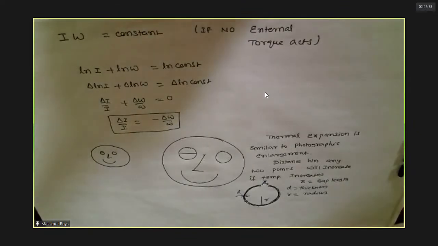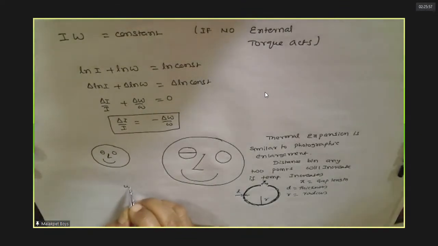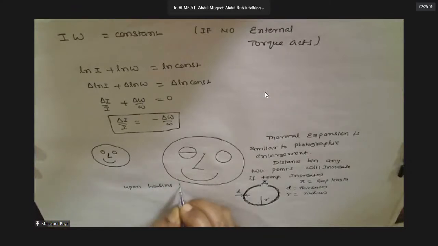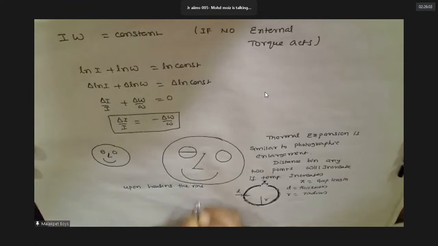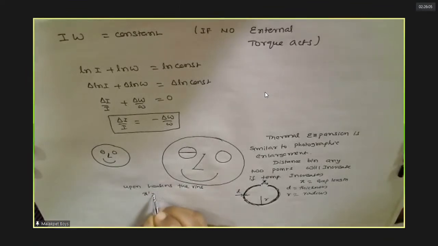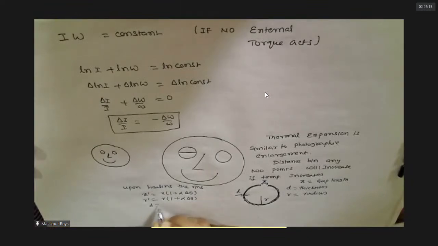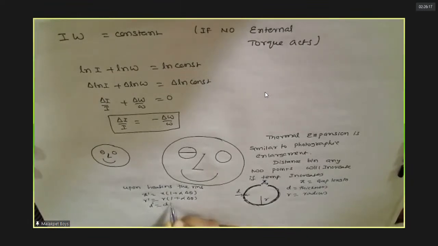Now, upon heating, what will happen? X will expand, d will expand, and r will expand. Remember that x dash will become x(1 plus alpha), alpha of the metal only. R dash will become r(1 plus alpha), and d dash will also become d(1 plus alpha).